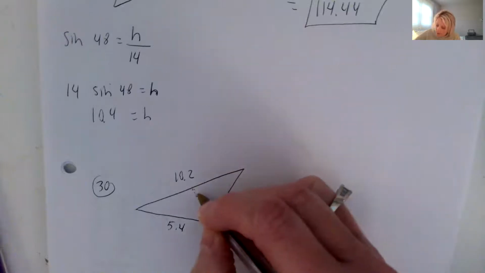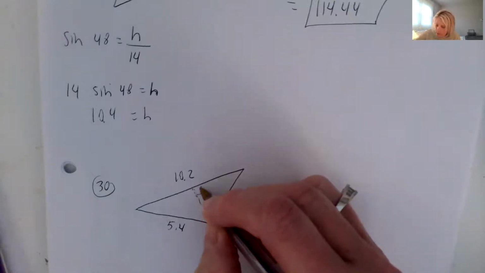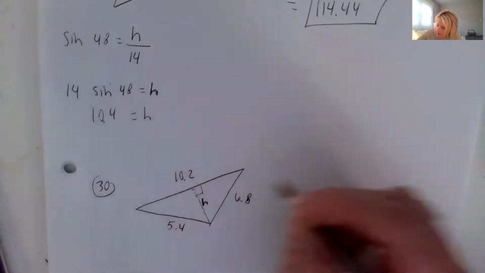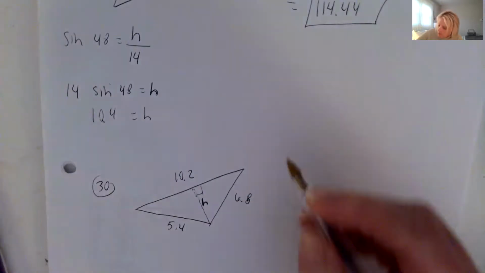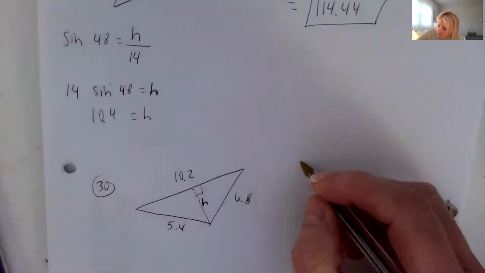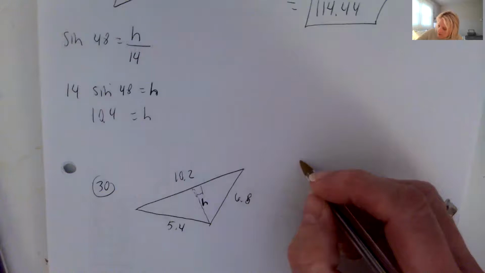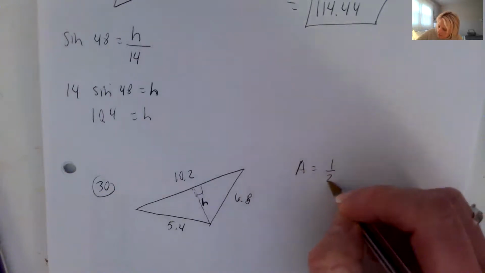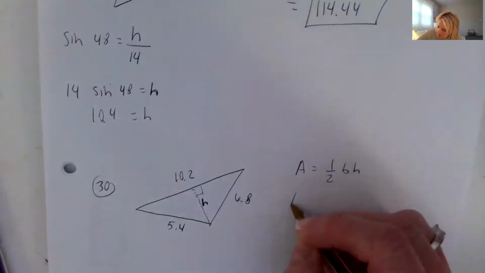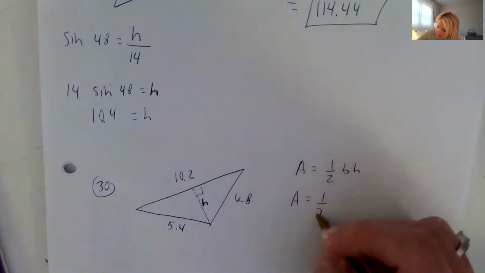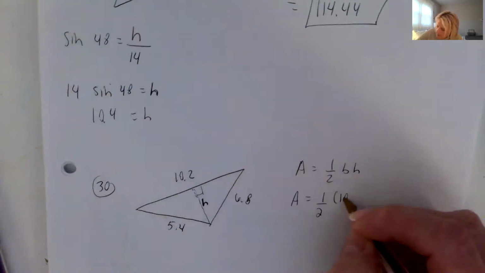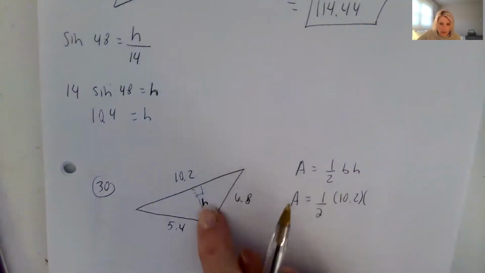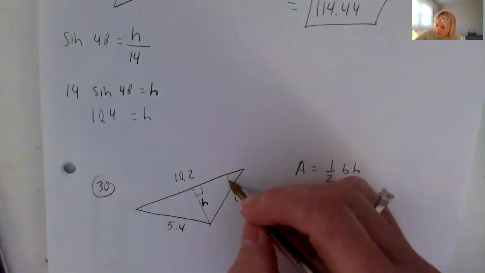If we do this as our right angle, this right here is going to be our height. Area equals 1/2 base times height. The base is going to be the 10.2, but the height we have to find, and we don't know this angle here.